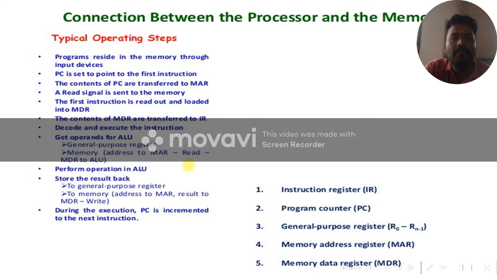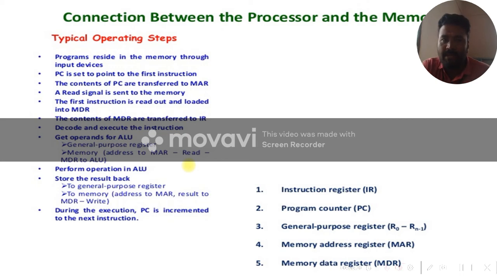To see how the communication between the processor and memory is carried out, we have to go through a set of instruction steps. First, the program will be in the memory. The instruction register takes care of the current instruction.